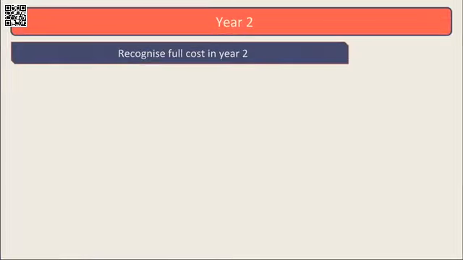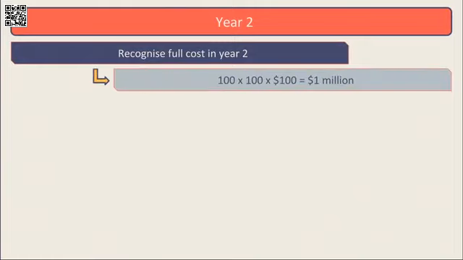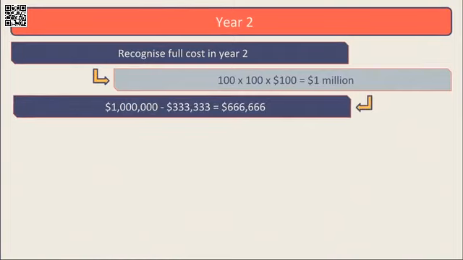We recognise the full cost in year 2. 100 by 100 by 100 is 1 million. In year 1, 333,333 was recognised. So it is deducted from the cost and $666,666 is expensed.